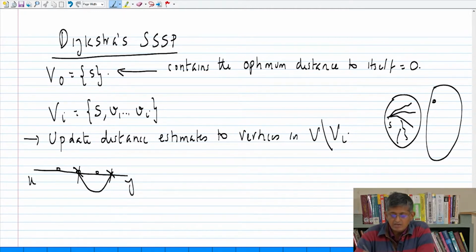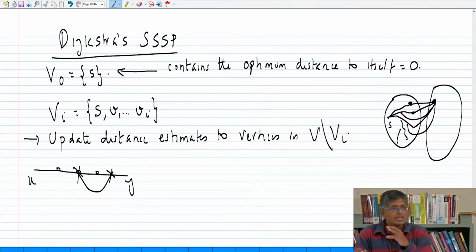Using this, we will update the distance estimate to this particular vertex from S. So what will you do? You probably have a distance estimate. You will ask, what is the shortest path from this vertex to this vertex, and so on, for every vertex to which you have found the shortest path?